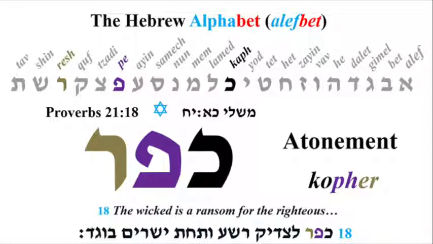You may have heard it if you have more than one kapur. If you have multiple, how do you pluralize a masculine word? You put a yud mem on the end. Kippurim. Okay? And that would be atonements. And Yom, we learned in the Yod video, Yom meant day.